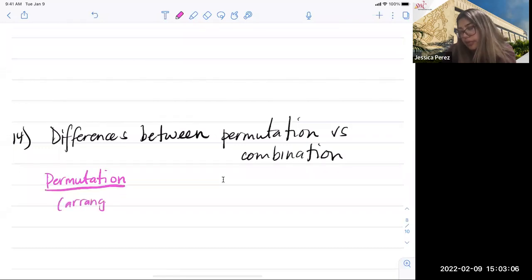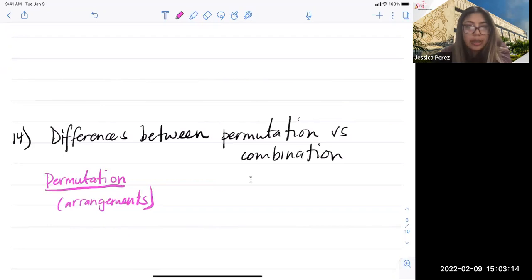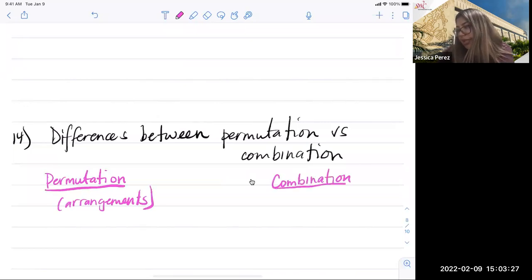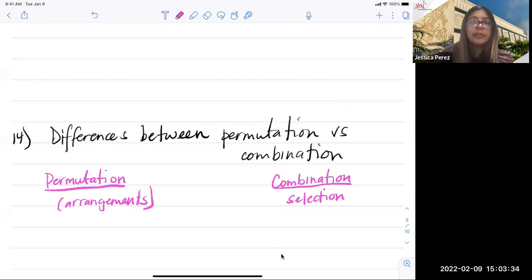When you hear the word arrangement, that should be a hint that you're doing a permutation instead. The sequence is important. It matters who's first or who's last. And a combination is actually a selection. You're selecting things from a location or from something. You are doing a selection. You're not doing an arrangement.